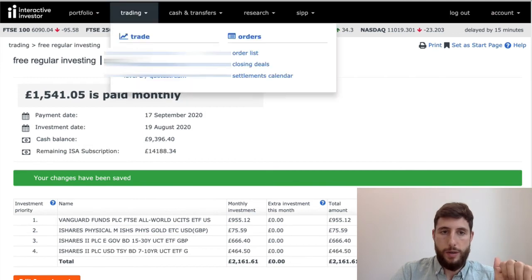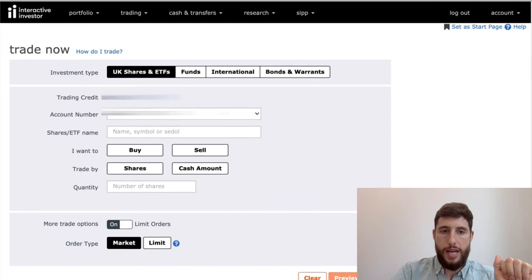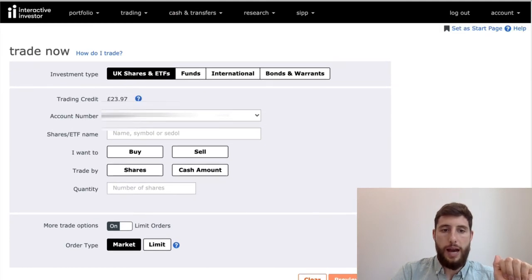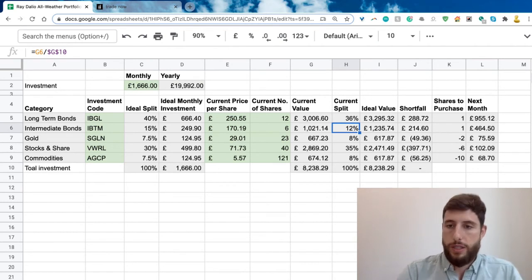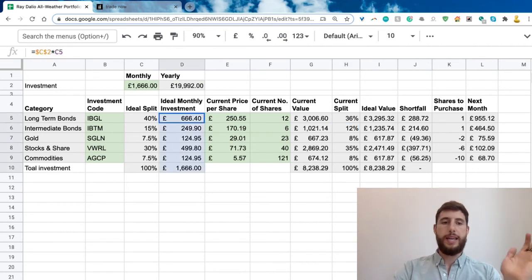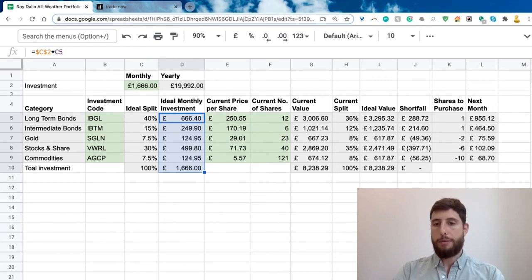The other way you can do it is by a single trade. So let's say we want to do it as a one-off amount. We want to keep our monthly investments the same, but separately buy more shares, so that we're going closer to the ratio we want.